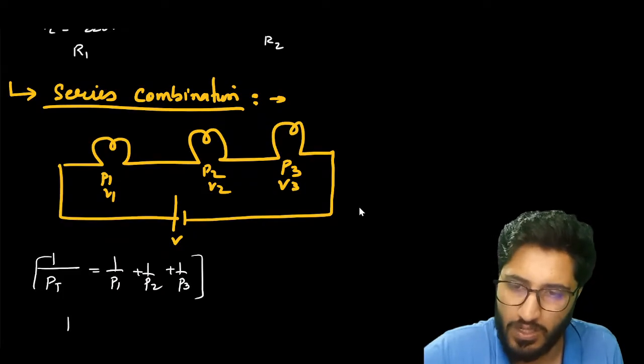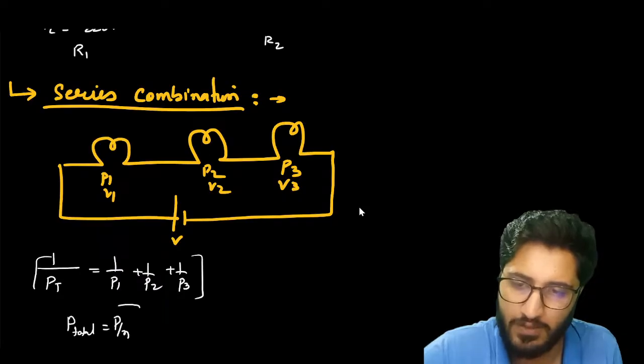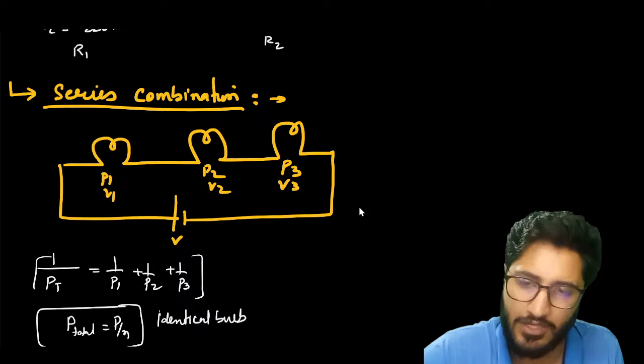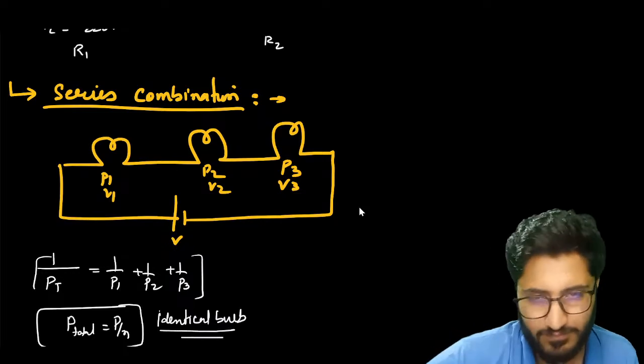Done. For identical bulbs, I will write that relation as P by N.